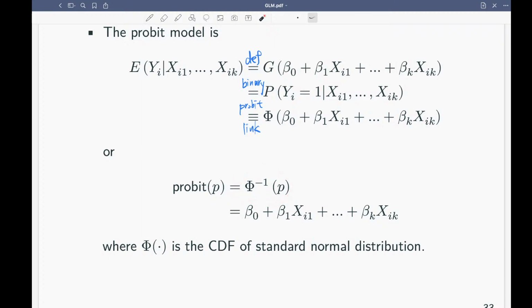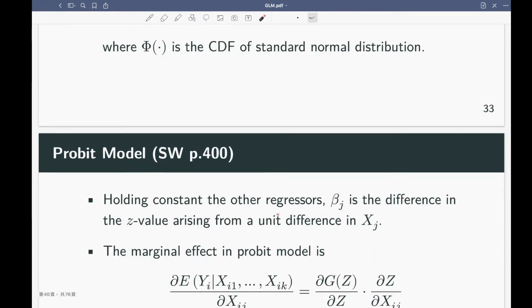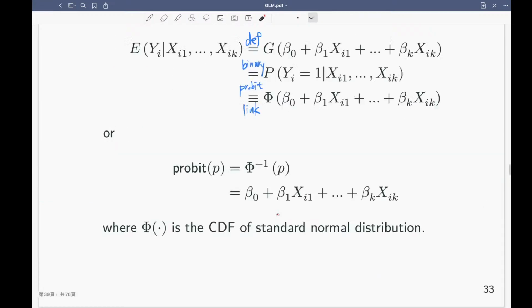Okay, so how can I interpret the coefficient?